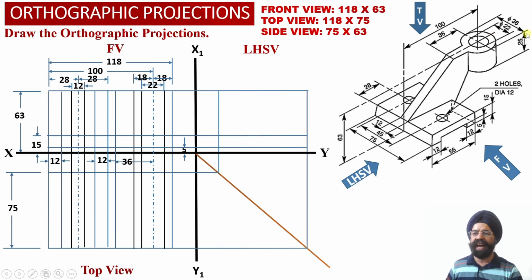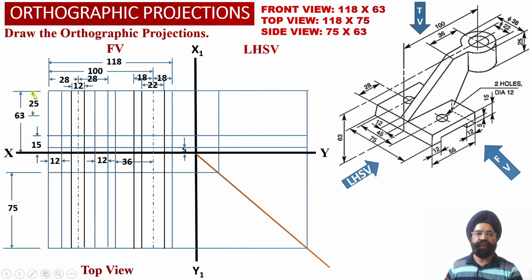Next we have got this height of this hollow cylinder. So from the top surface, if we move down by 25 millimeter, we will be able to obtain the base of this hollow cylinder over here.